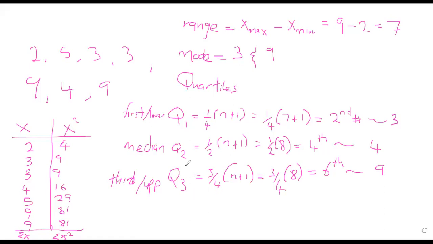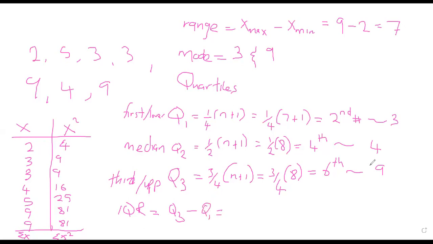So how do we get our interquartile range? Interquartile range is generated by IQR. It is simply the upper quartile minus the lower quartile.